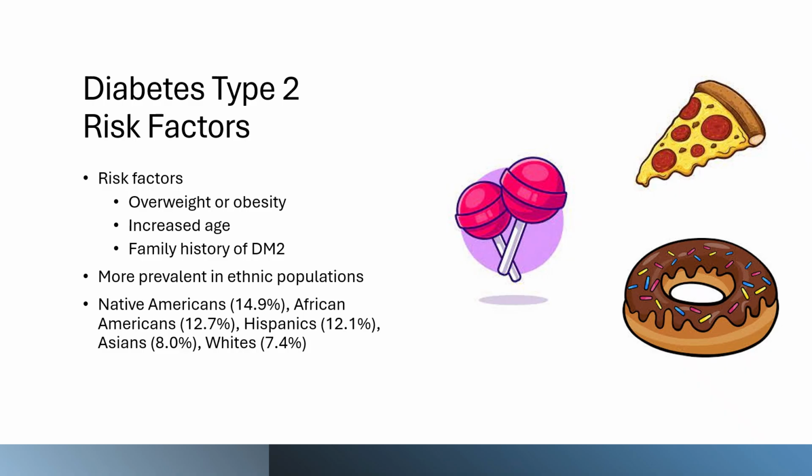So if a mother, a brother, a father, a grandfather has diabetes, there is a predisposition to that. We do find it more prevalent in ethnic populations, and you can see the breakdown: Native Americans at 14.9, African Americans at 12.7, Hispanics at 12.1, Asians at 8.0, and whites at 7.4%.